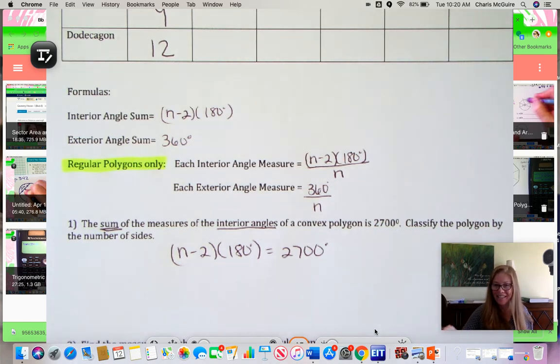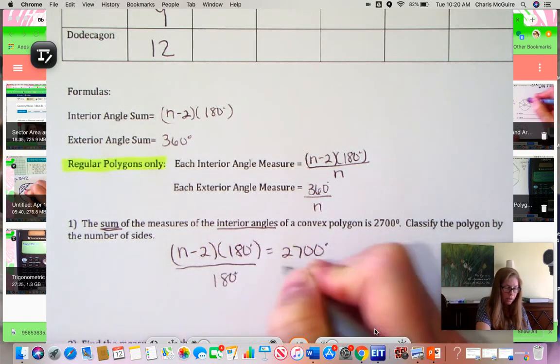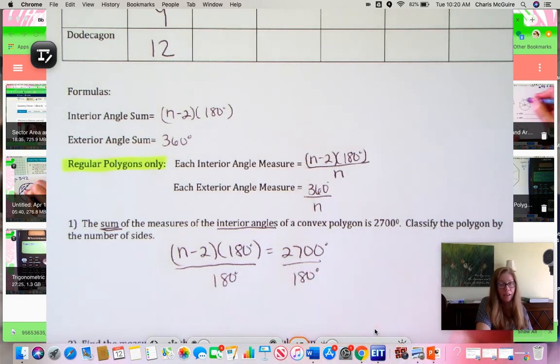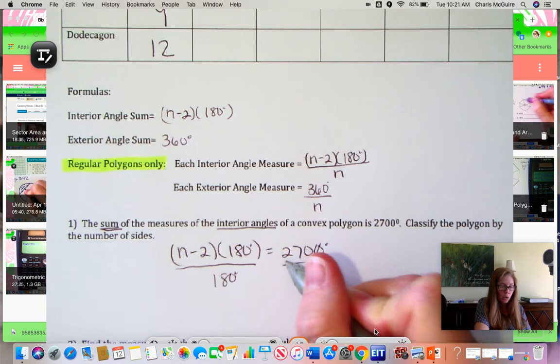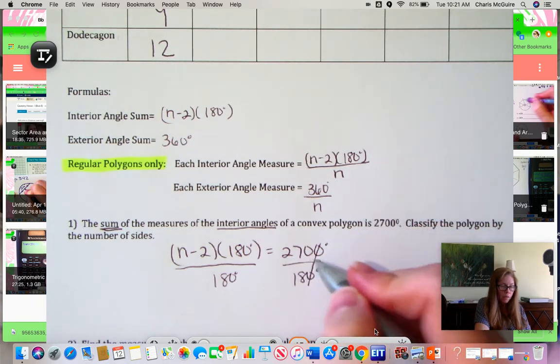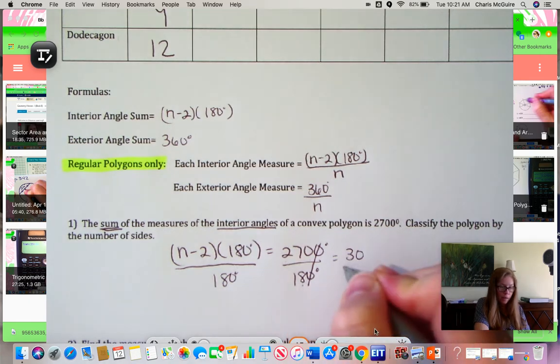All right, what'd you get? Did you get a 17-gon? How many of you put 13? Here we go. The easiest way to solve this is let's divide it by 180 degrees on both sides. I gave you nice numbers, didn't I? Because the zeros cancel, and 270 divided by 9 is 30, and 18 divided by 9 is 2.